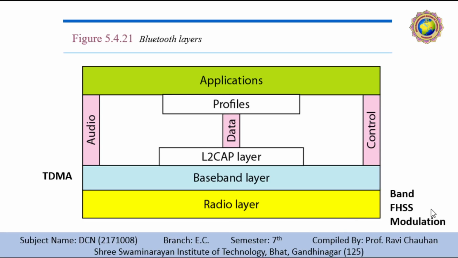FHSS. Bluetooth uses frequency hopping spread spectrum. This type of method in the physical layer is used to avoid interference from other devices or other networks. Bluetooth hops 1600 times per second, which means that each device changes its modulation frequency 1600 times per second.